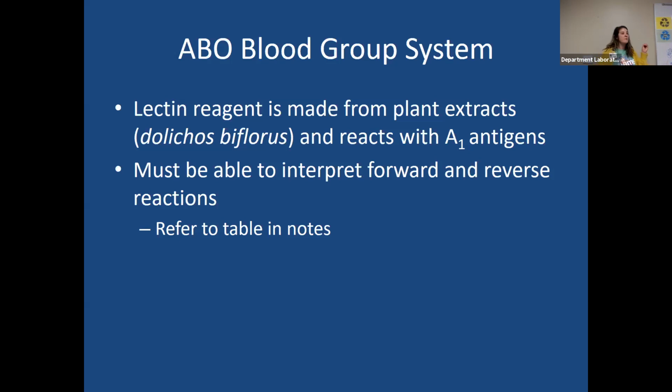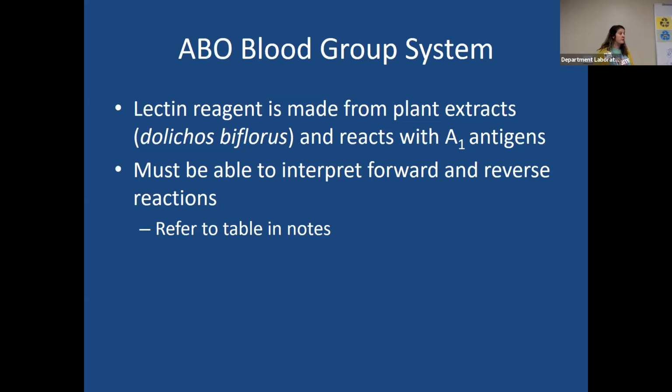All right, so if your patient reacts with A1 lectin, what does that tell us? If you have a 3+, 4+ reaction with A1 lectin, they have the A1 antigen, they are type A1, right? If you have a negative reaction with A1 lectin, what does that tell us? Your patient is not A1.